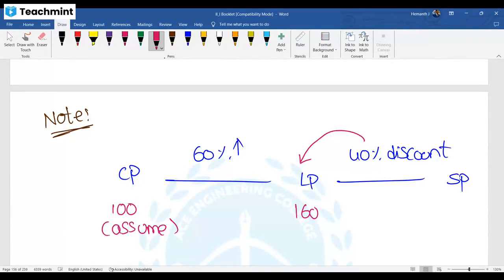160, not on 100. If it were on 100, a 40 rupees discount, 160 minus 40 would mean 120. But you are giving a 40% discount on 160. Discount is calculated on the labeled price.